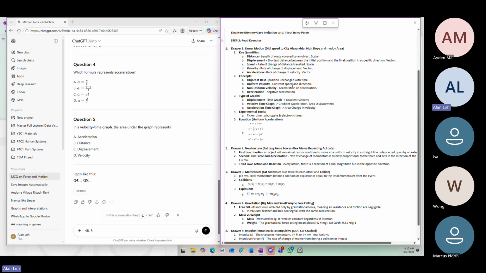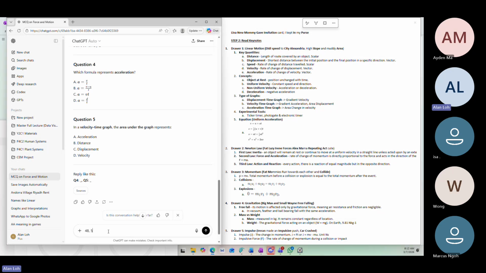Look on this reference. Is there any answer over here? Xingling, you want to try? Give a guess. Aiden, you want to try? Acceleration, distance, displacement, velocity.